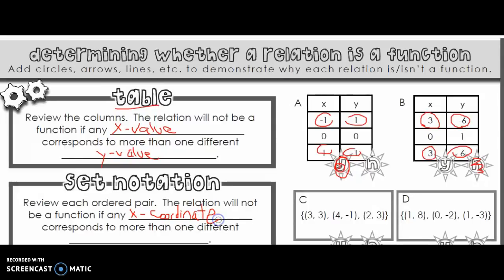If any x coordinate corresponds to more than one different y coordinate. C-O-O-R-D-I-N-A-T-E. Sorry, this would be easier if I was on the board, but I'm on my mouse pad.